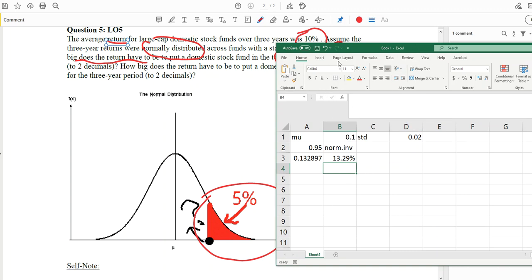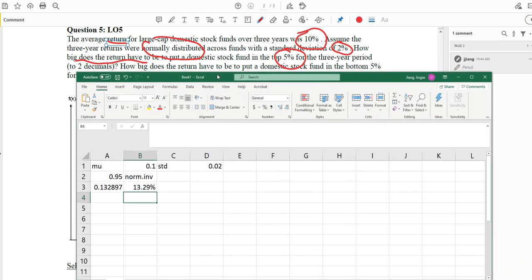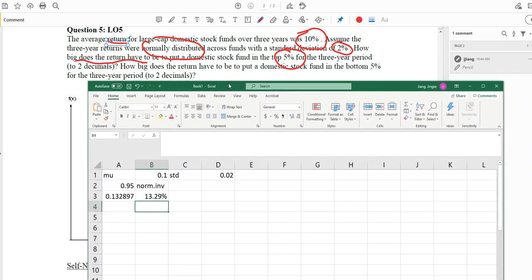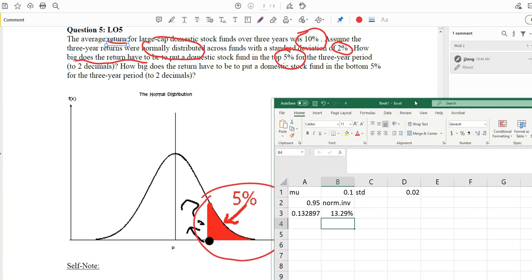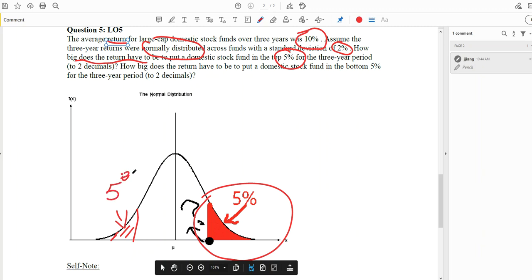Okay, so now we look at the second part of the question. How big does the return have to be to put a domestic stock fund in the bottom 5%? So here is my bottom 5%, and what we are trying to calculate will be this area.